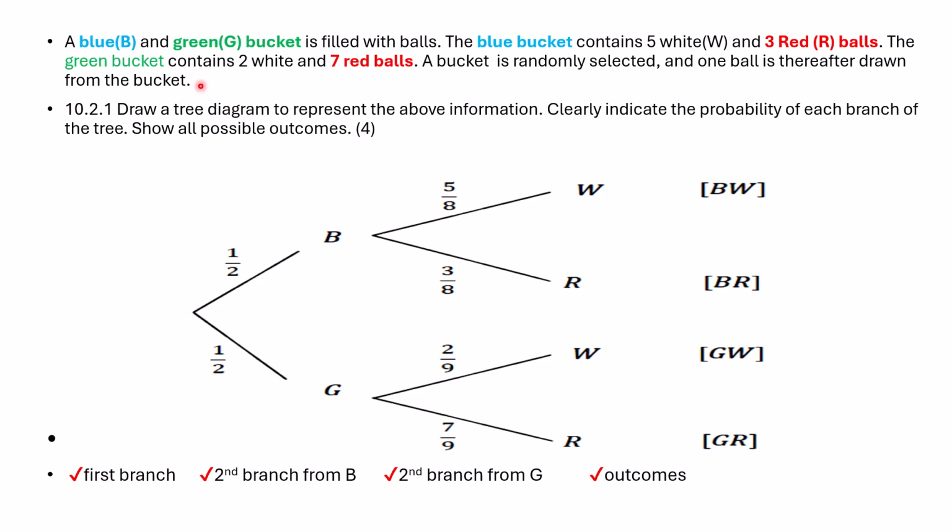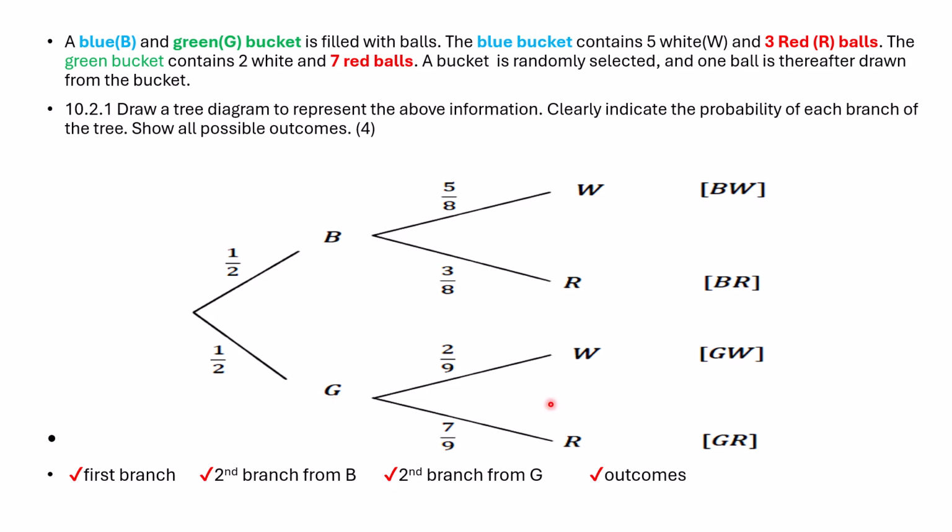The green bucket contains 2 white and 7 red. So 2 plus 7 gives me 9. For the white, I have 2 over 9. And for the red, I have 7 over 9. Right, so there are my probabilities. My outcomes: I can select from the blue bucket and then select white, BW. From the blue and select red, BR.